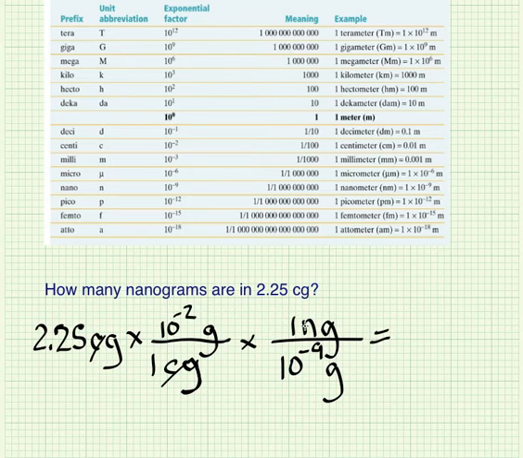Notice that the units with the metric prefix have a 1 in front of them. All right, so we throw this in our calculator, and we get 2.25 times 10 to the 7th nanograms. So there are 2.25 times 10 to the 7th nanograms in 2.25 centigrams.